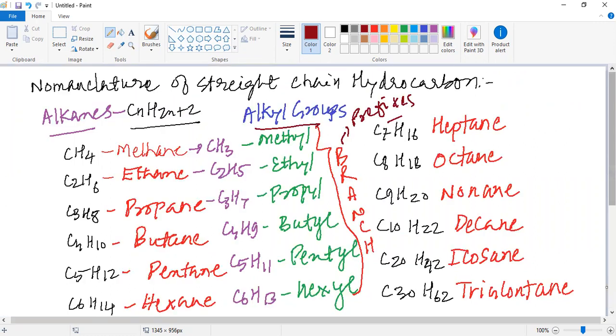If you really want to study more, then let's move forward. If we have C7H15, that is going to be heptyl. If we have C8H17, that is going to be octyl.